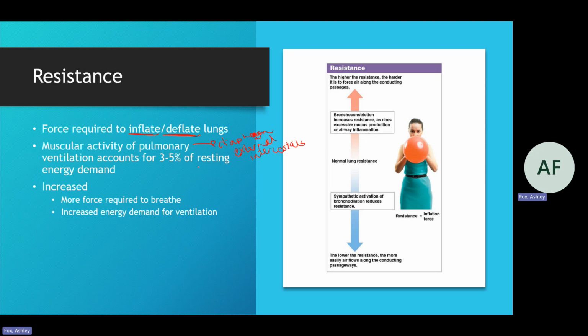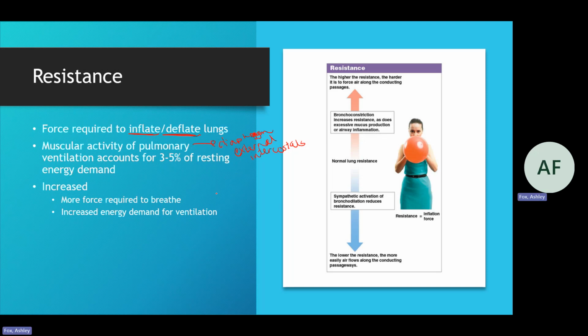It's actually a high energy demand because you're breathing in and out 12 to 18 times per minute, and the diaphragm's a very large muscle, and there's a lot of intercostals in between all 12 ribs. So 3 to 5% of your resting energy demand is actually going towards these muscles and breathing. And this is just breathing in, because remember, that's what's happening, contraction of the diaphragm and external intercostals during inhalation.